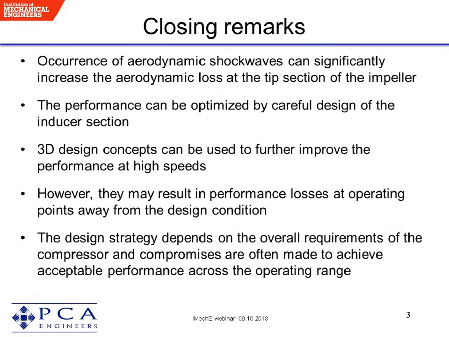Again, from David Elise of Rolls-Royce, has there been any attempt for variable geometry? In a radial compressor, there are two different sorts of variable geometry that are often used. There can be inlet guide vanes, which are variable, or there can be variable diffuser vanes, and both have been used.